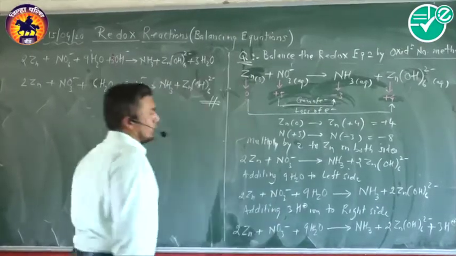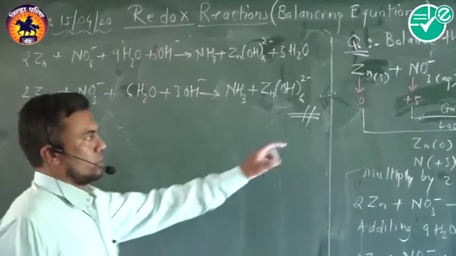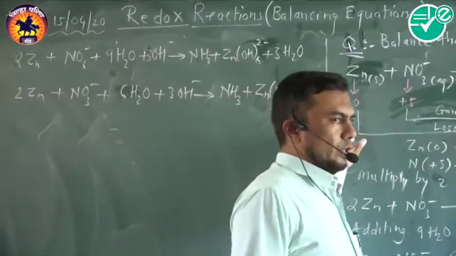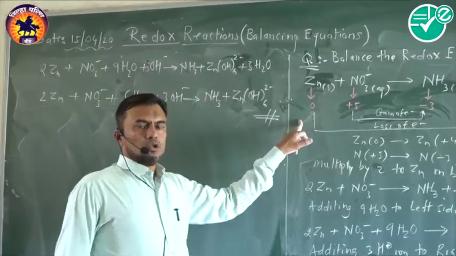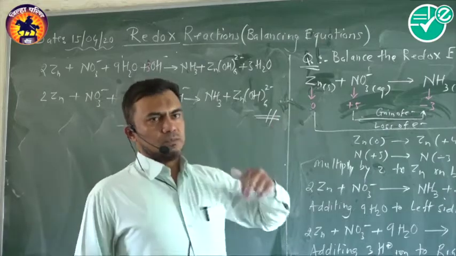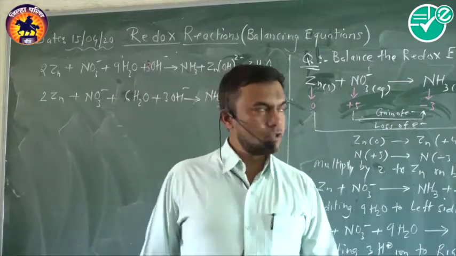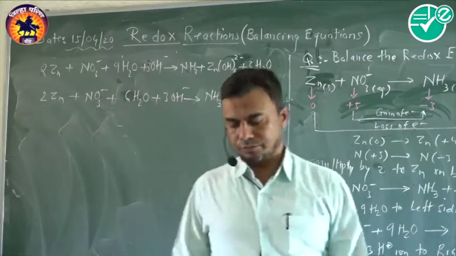This is the balanced redox equation if the reaction undergoes in a basic medium. So remember, using the oxidation number method, we have 6 steps involved. So following the 6 steps, we have to balance the redox equation.